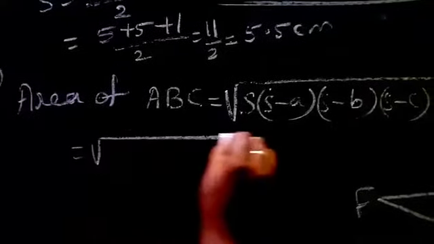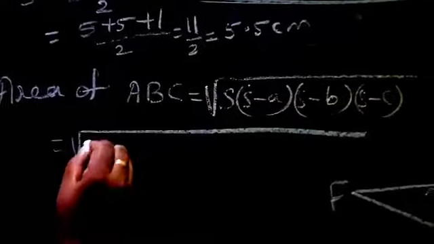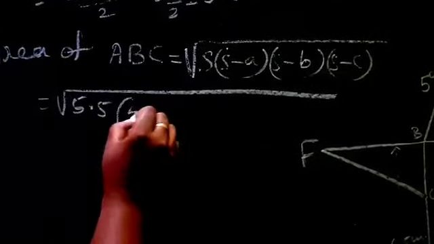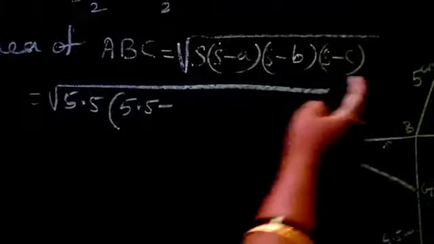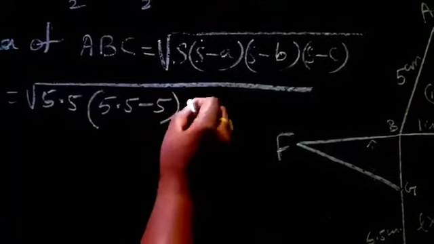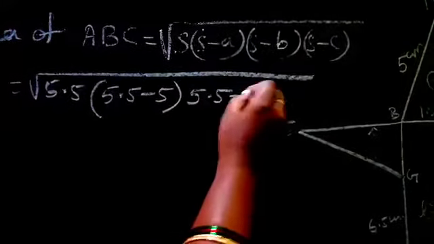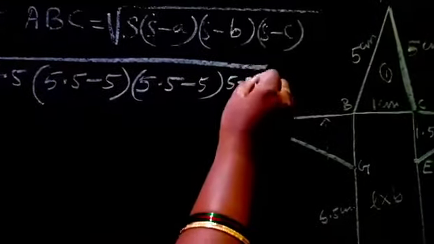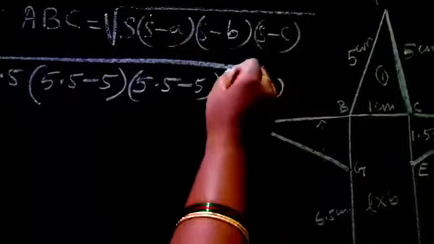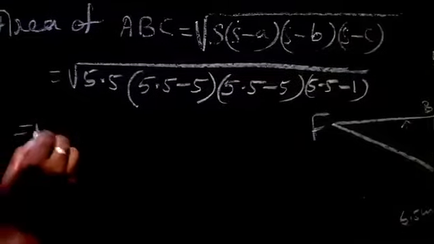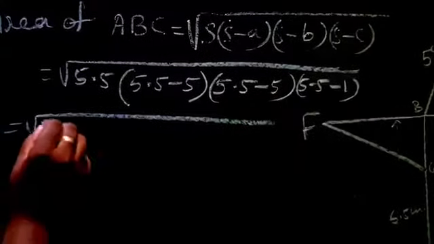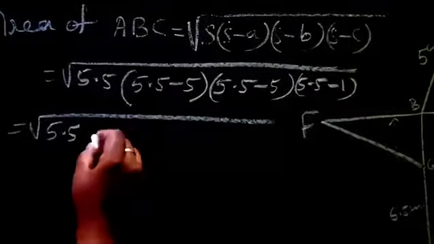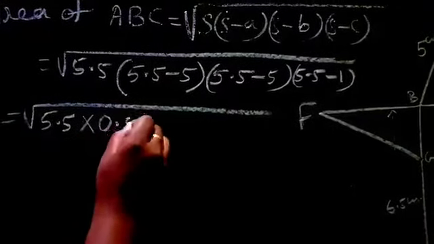Now square root of S means 5.5. So 5.5. Then here we have S minus A, means 5.5 minus A, which is 5 centimeter. Again 5.5 minus B also is 5. And 5.5 minus 1 centimeter. So we have here square root of 5.5, keep it like that. This 5.5 minus 5 is 0.5.